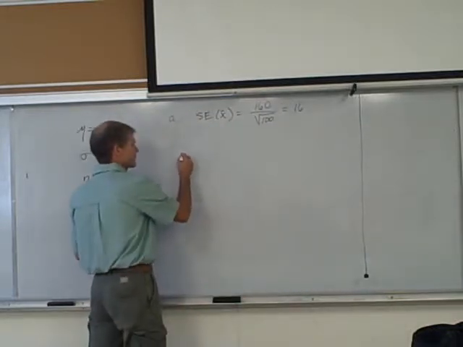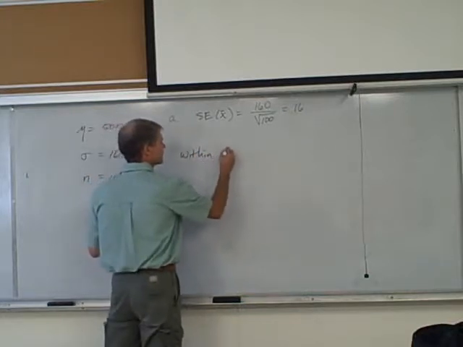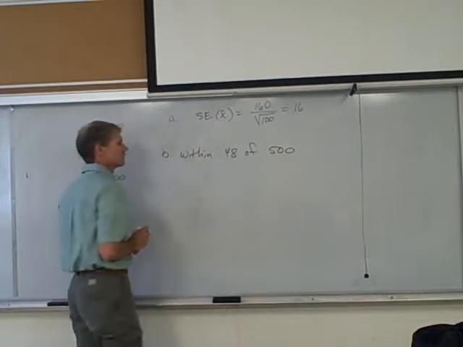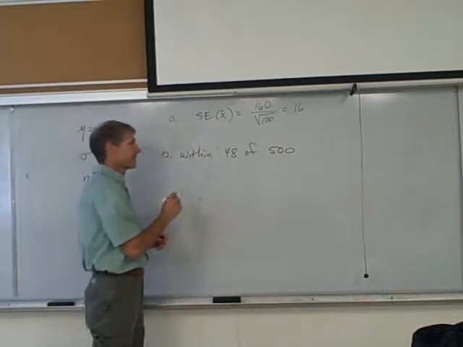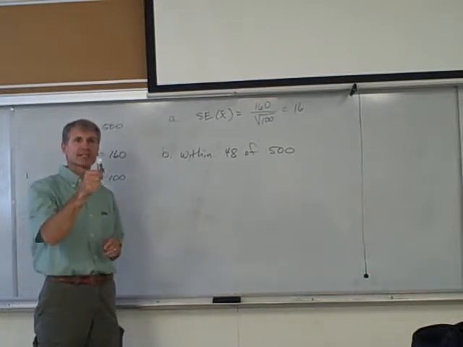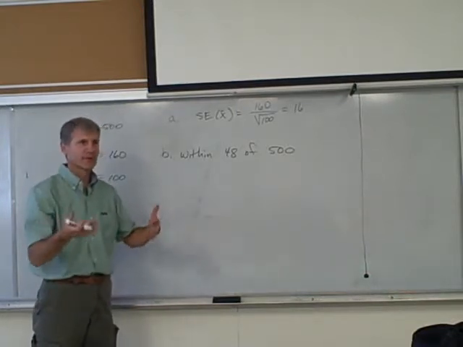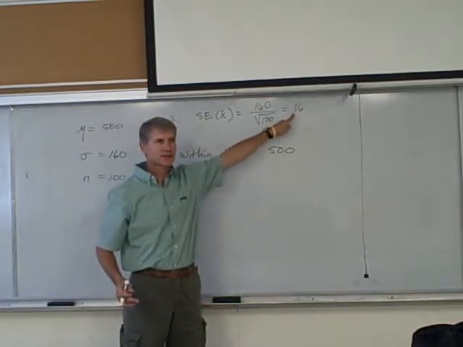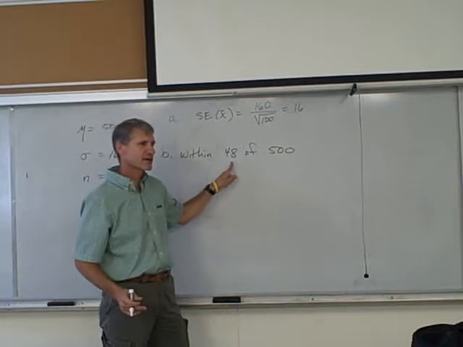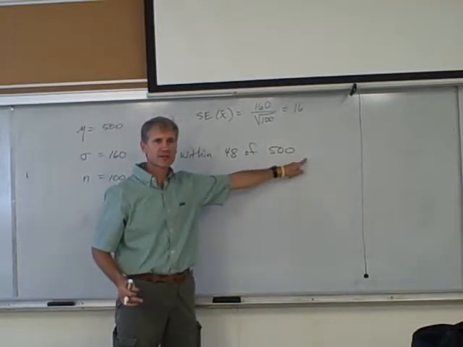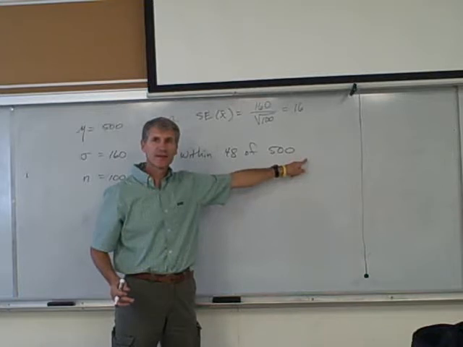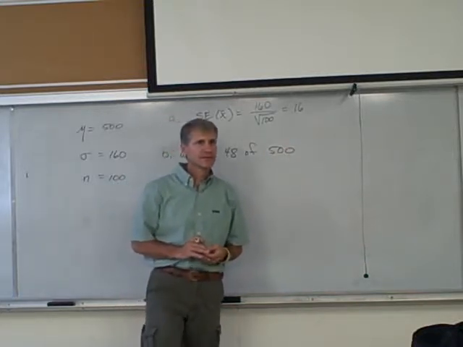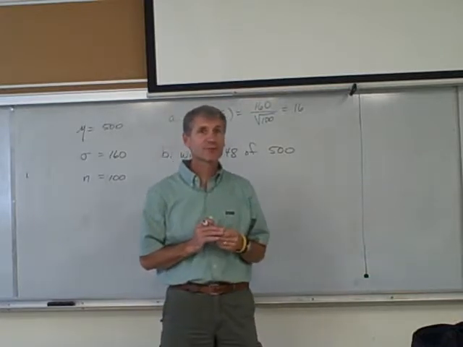What is 48, within 48 of 500? Only now we don't say standard deviations, we say standard errors. But it really is a standard deviation. So 48 is 3 of those guys. So the mean minus 3 standard errors and the mean plus 3 standard errors should contain what percent of all possible x bars? 99.7%, right?